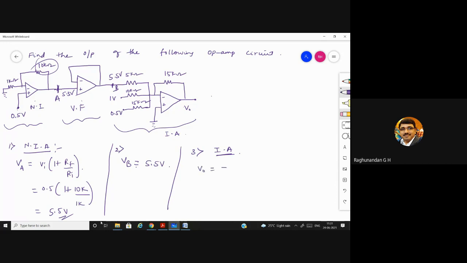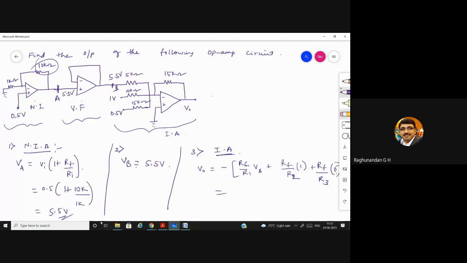E naught is equal to... See here also we cannot have a common term outside because it also has different resistor values. So let us write it individually. Rf by R1 into VB plus Rf by R1 into 1 volt plus Rf by R2 R3 into 0.5.